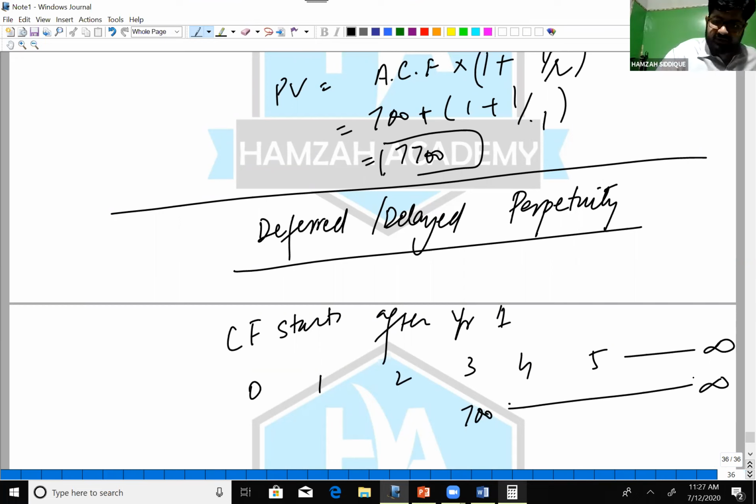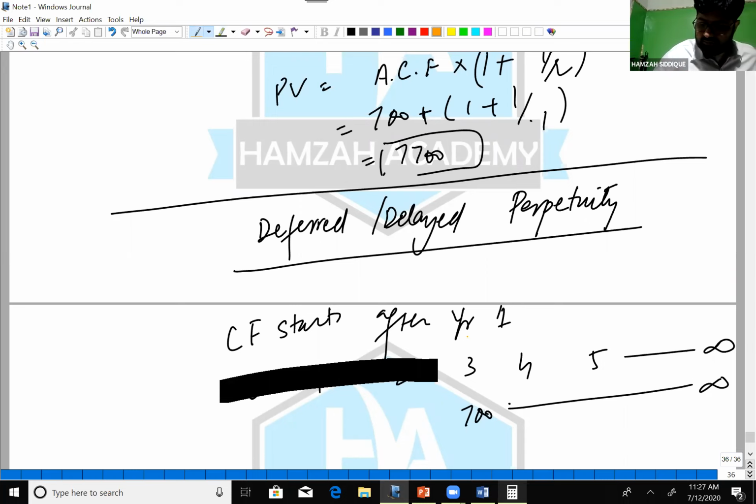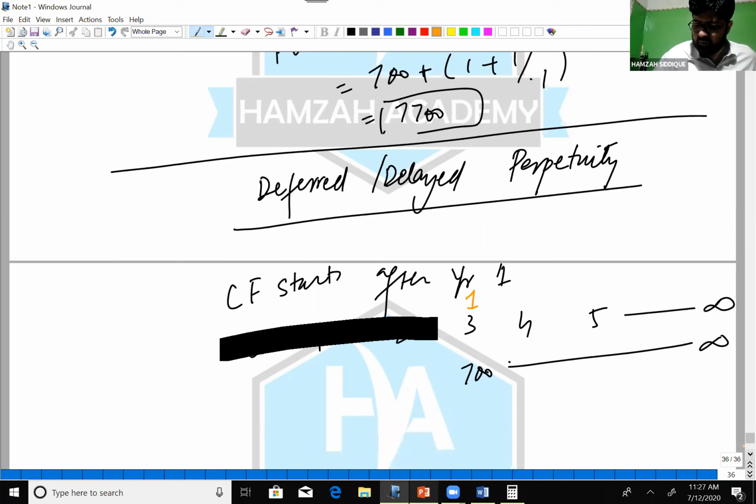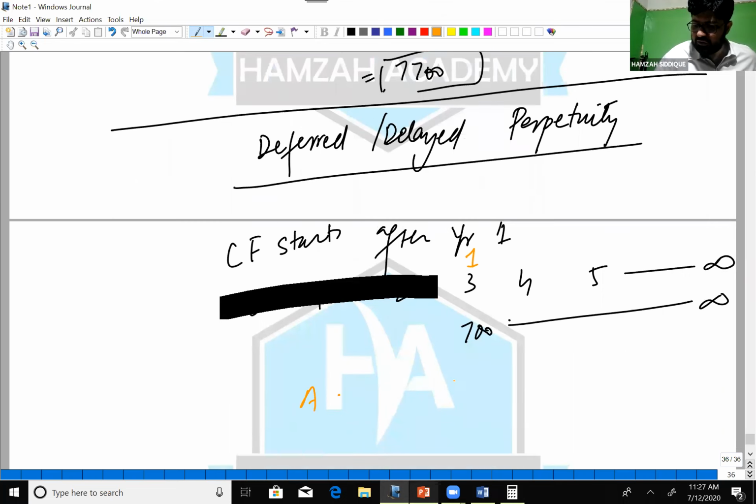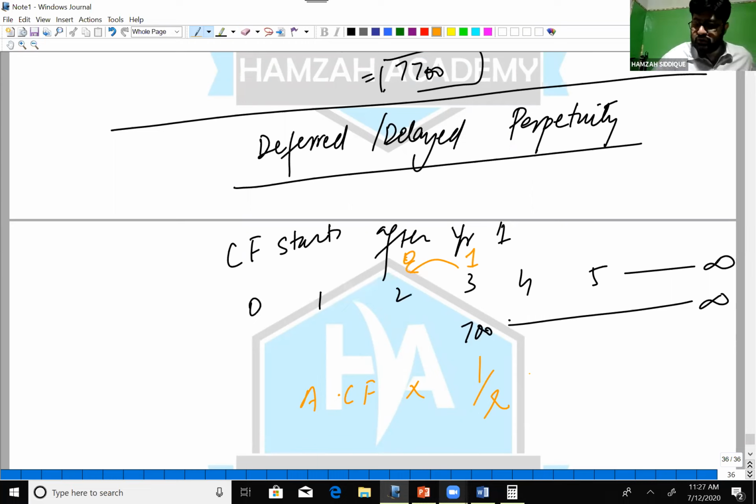Students, again the same thing. Forget it. It is year 1. So this is simple perpetuity. So annual cash flow into 1 over R. But it will fall here, year 0. But this is year 2.